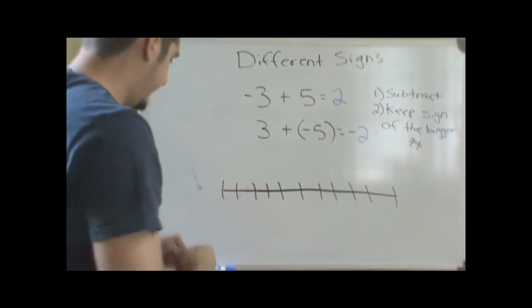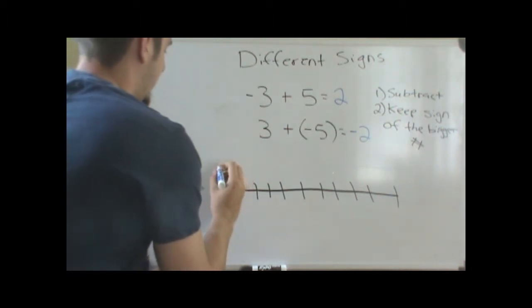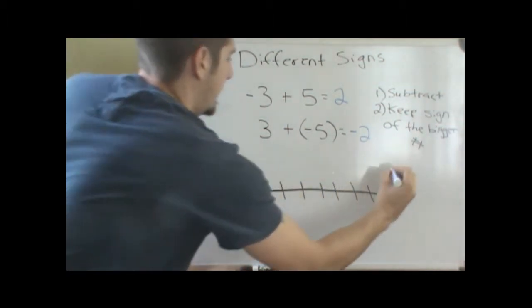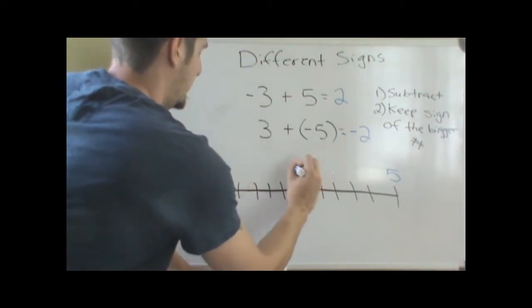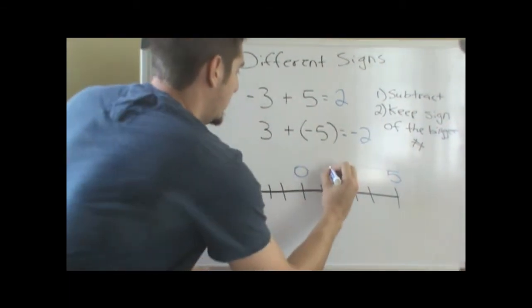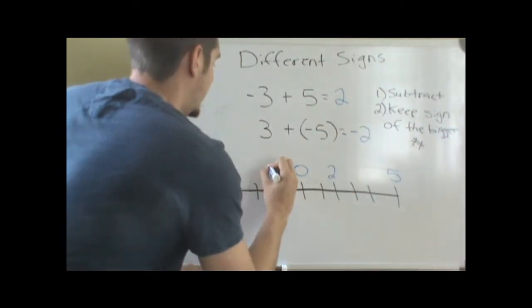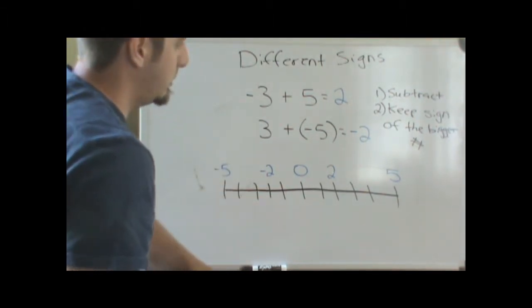Alright. So we have negative 5, we have positive 5, and 4, 3, 2, 1, 0 in the middle. Okay, and then we have 2 here, and we have negative 2 here. I'm not writing in all the numbers because we're not going to use all of the numbers.